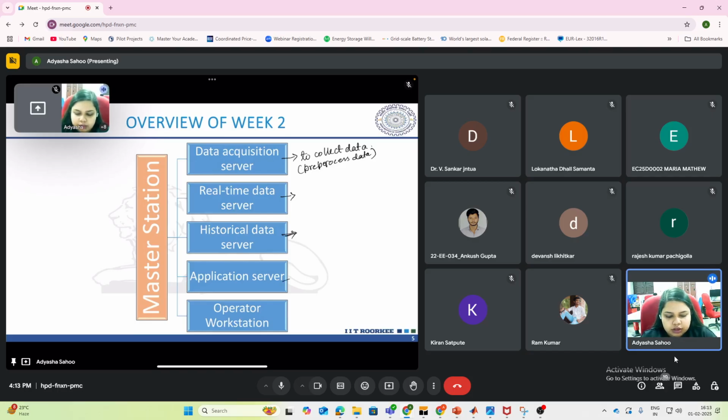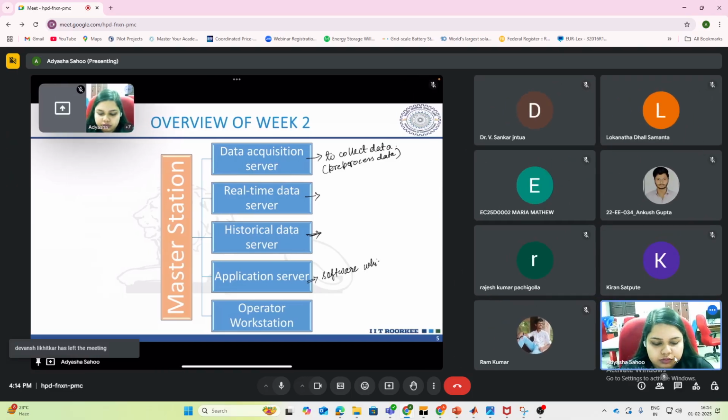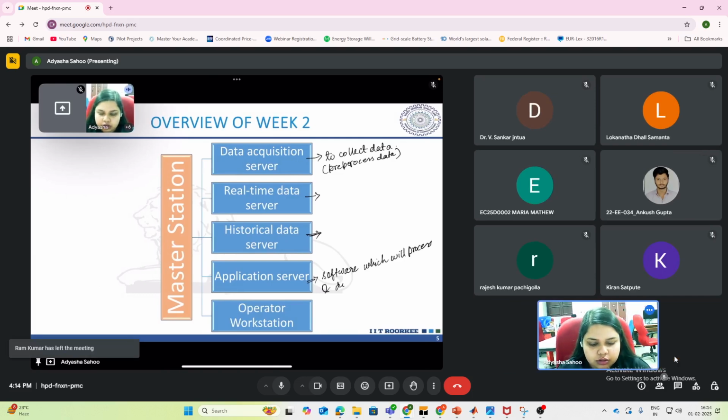Then you have the application server. Basically, it is software which will process and do the computation required for monitoring.